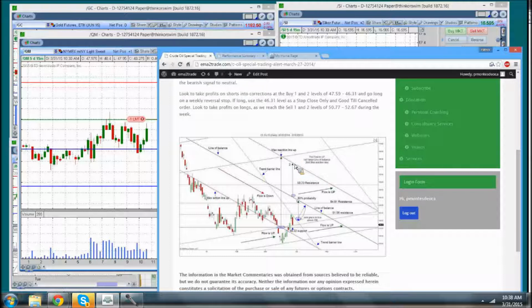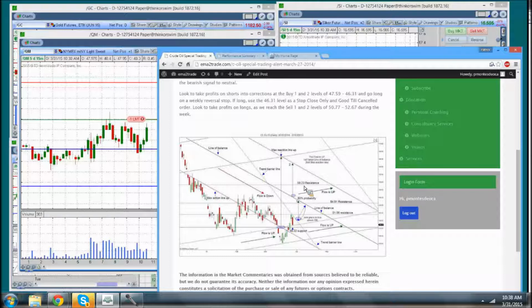So this algorithm has identified for us an 80% probability that we're going to be moving towards that 64 area. And you can see the different levels of resistance that once broken become support for the next leg up, and follow the line of balance in the flow and the symmetry of the market mathematically for us to forecast very accurately these target levels that we're looking at.